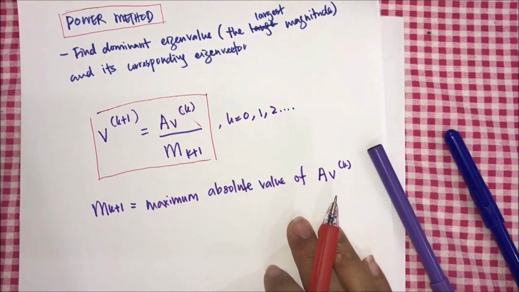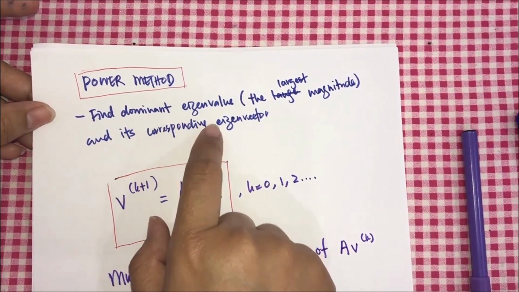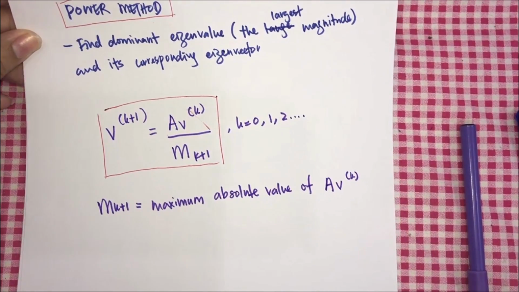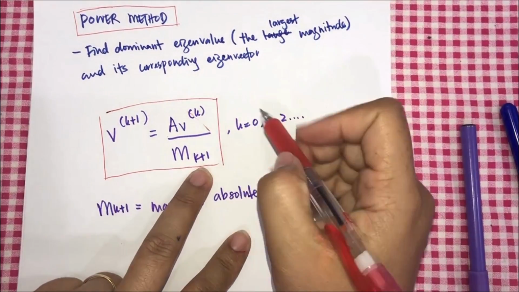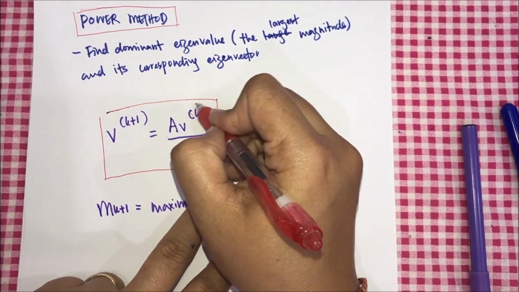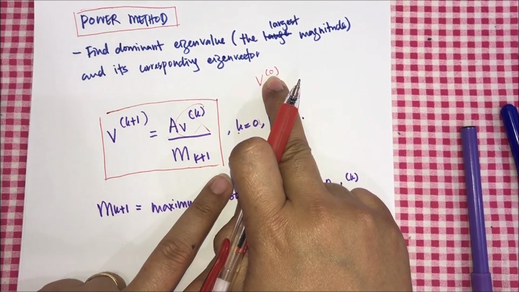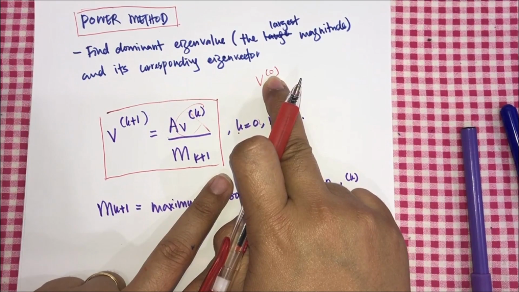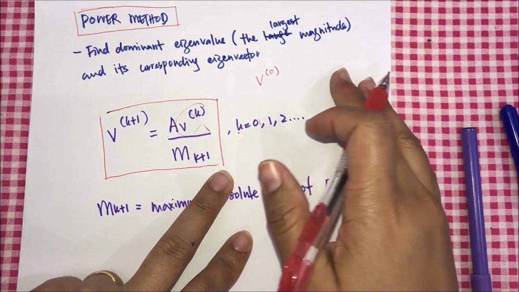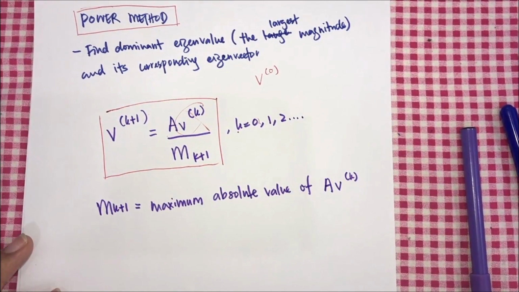Just now I said that if the question asks you to find the dominant eigenvalue, we have to start with the initial eigenvector. That means for k equal to 0, this is v at level 0, the trial value or the initial value of the eigenvector.